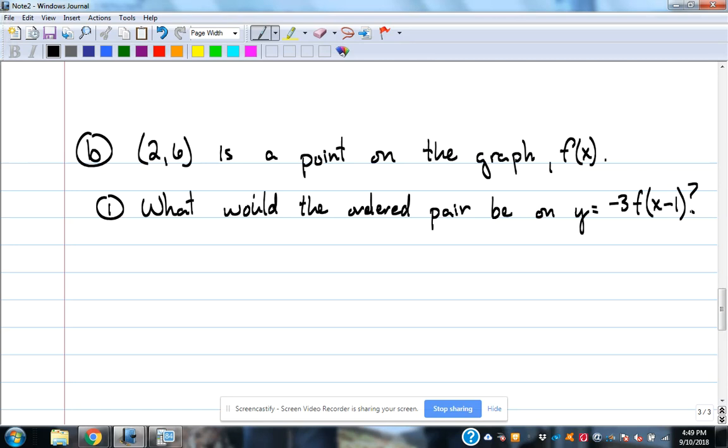These are, I would say, the most difficult problems out of this section, being able to take an ordered pair and move them. But it's not hard if you don't think about the ordered pair until you decide what transformations are happening. Okay? What transformations are happening here?